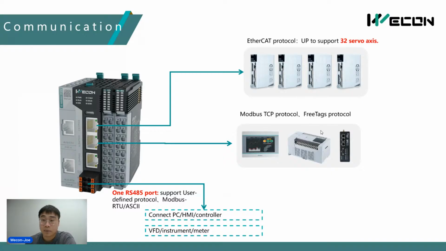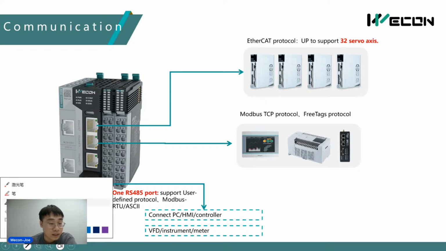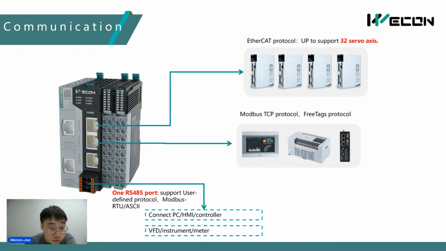It can be connected to up to 23 servo axes, and two of them are Ethernet interfaces. They can be connected to Ethernet devices like our WeCom HMI and 5V series PLC or VBox by Modbus protocols.